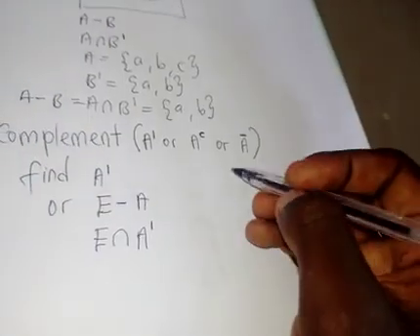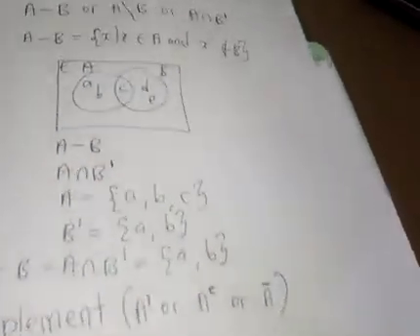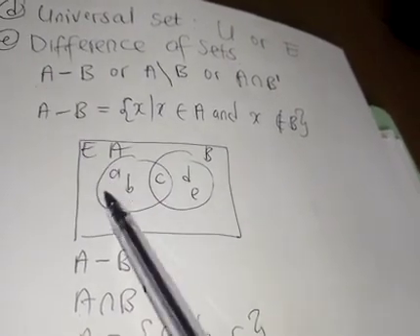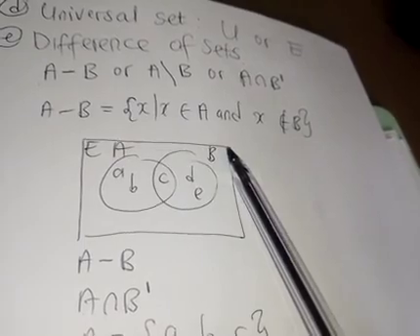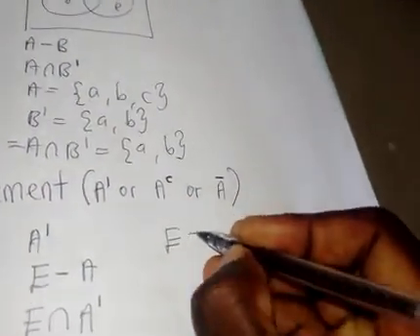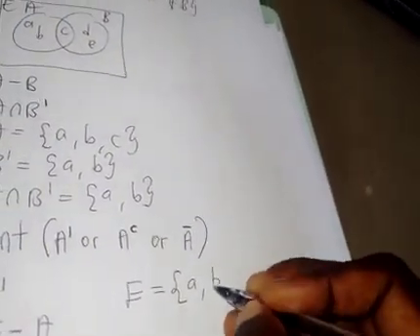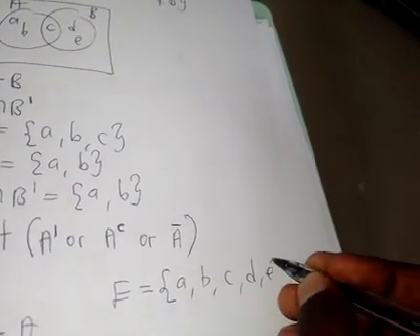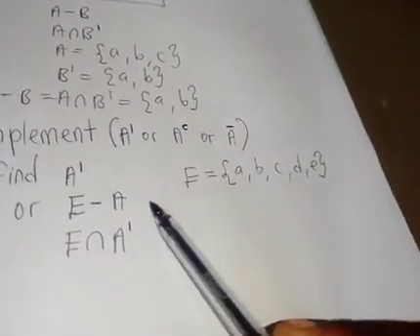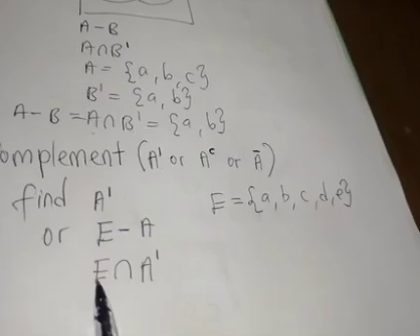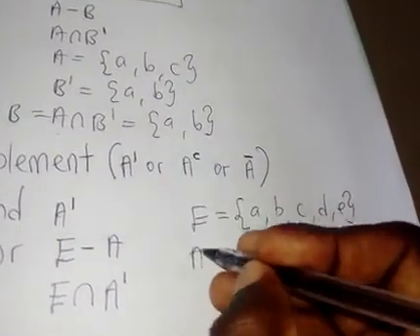If you want to illustrate using an example, actually we can use the same example which we have. The universal set contains all the elements, talking about both A and B. So let's list the elements in the universal set. E equals A, B, C, D, E. Everything under discussion is A, B, C, D up to E. Then set A complement: since we want to find the universal set intersect A complement, let's list A complement.